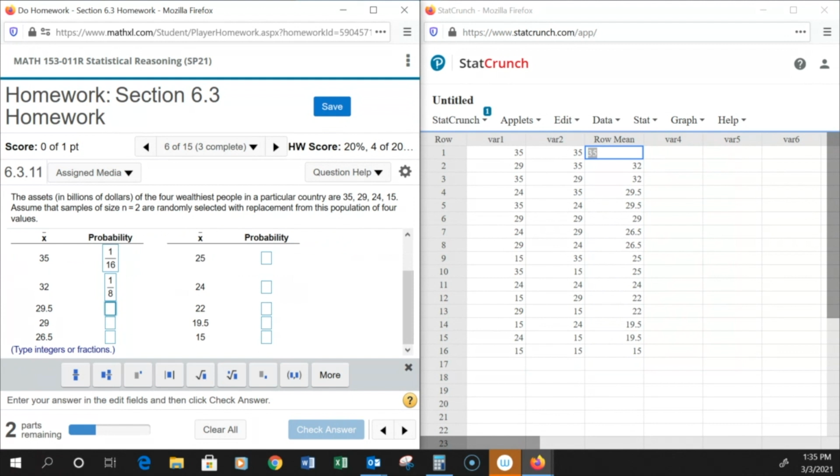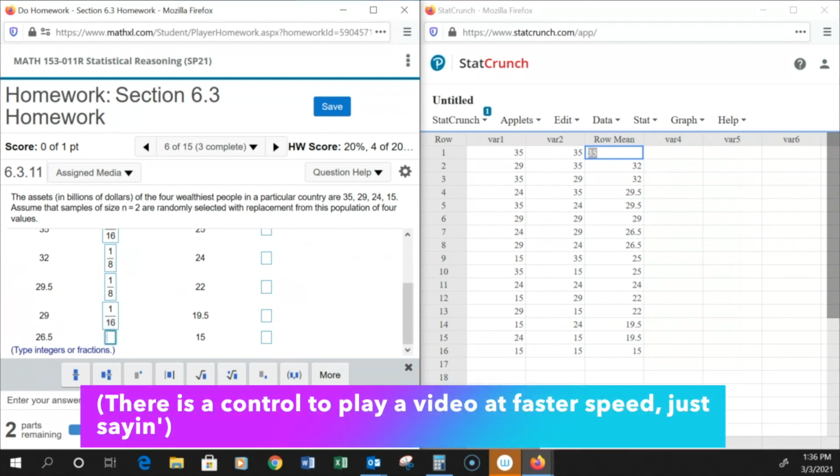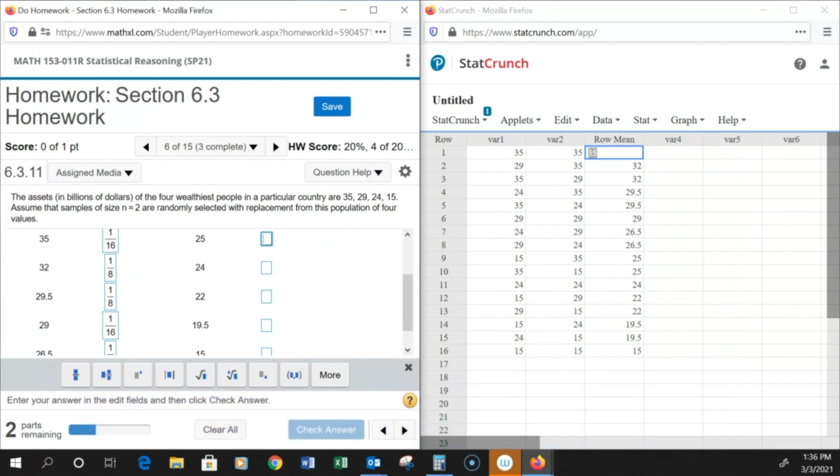And how many 29.5s? And you think, this is kind of busy work. It is kind of busy work. So let's just move through it. I'm counting these things and putting in the fraction 1 out of 16, 1 out of 16. 2 of the 26.5, so 1 out of 8, it reduces. How many 25s are there? 2 of those, so 1 out of 8.